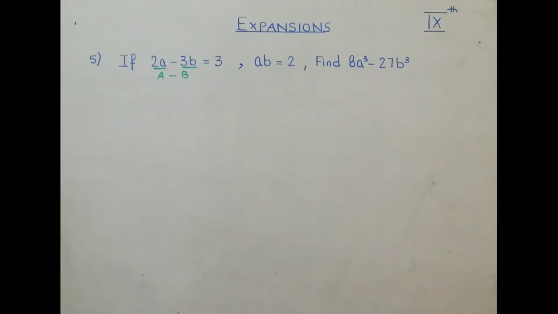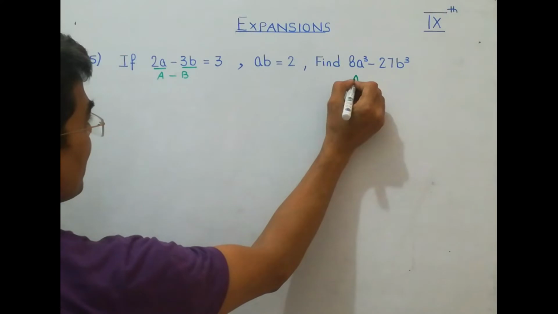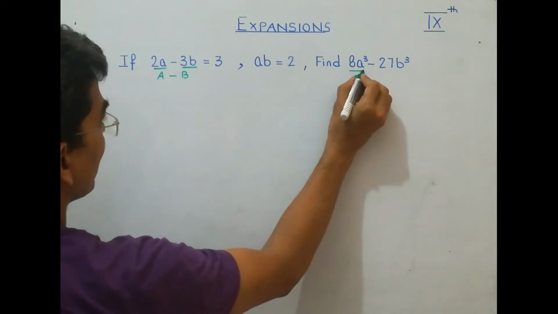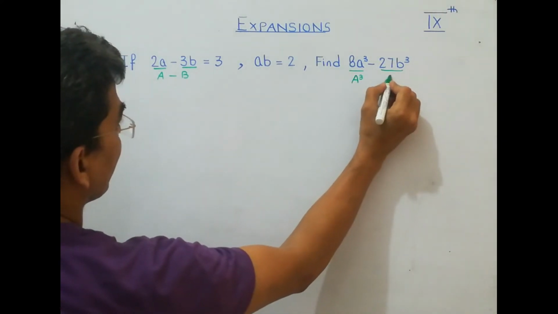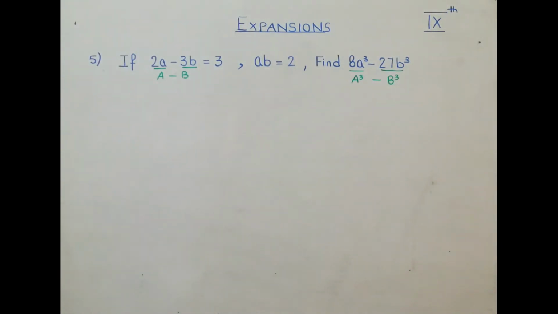So we can say that they have given us A minus B and they have asked us A cube minus B cube. So A minus B is given and A cube minus B cube is to be calculated.